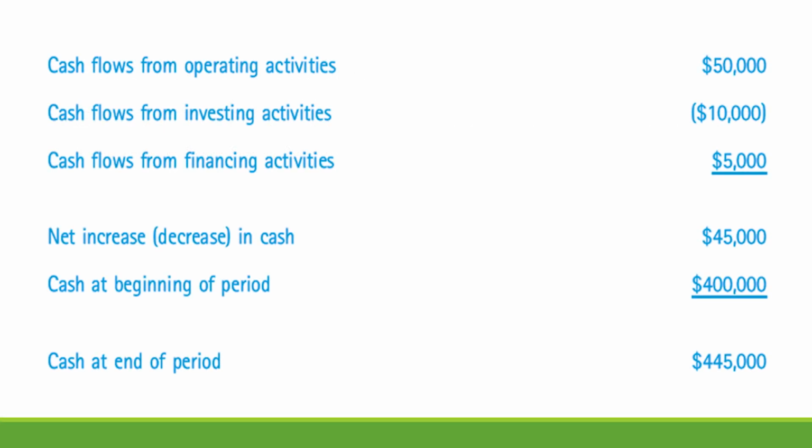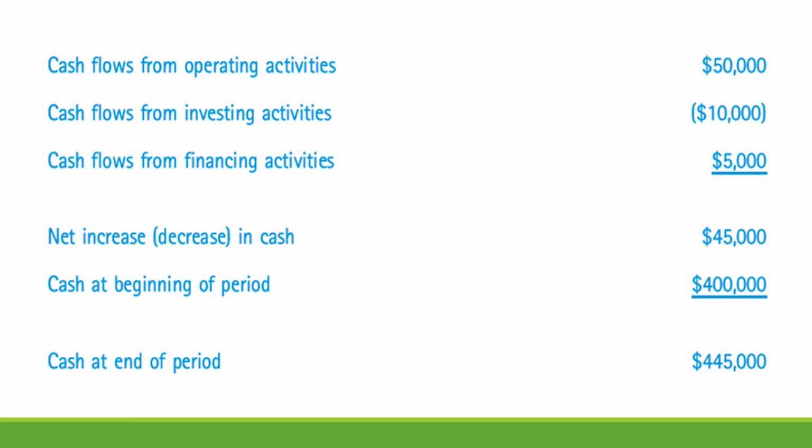As we see here on the statement of cash flow, the cash flows from operating activities is represented as $50,000. What this number is representing is the cash inflow that exceeds the cash outflow. Next, we see a negative $10,000.